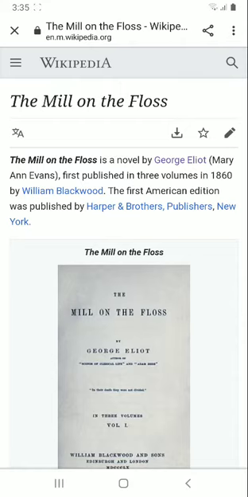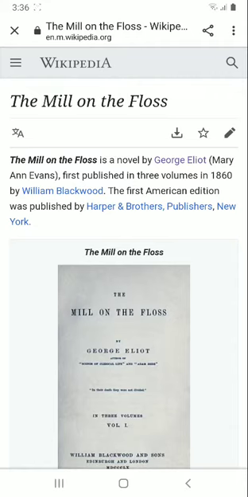He is the first publisher of this book. Then later on, it was published in the American edition. It was first published by William Blackwood, but in the American edition, it was published by Harper and Brothers. Okay, it was published in New York.